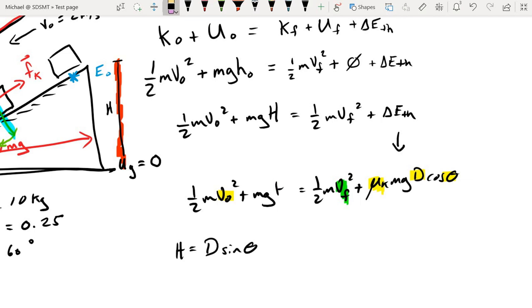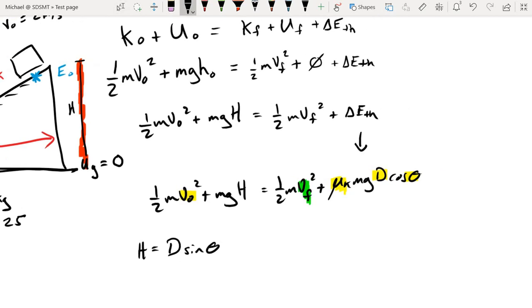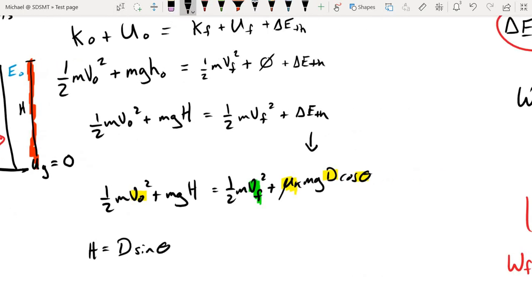Trying to use my eraser here. Well, kind of working. I'll just rewrite things over here.